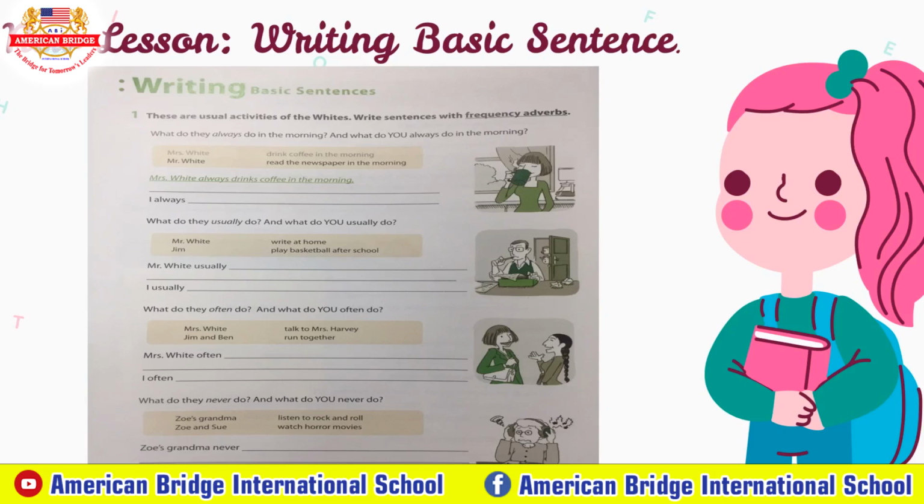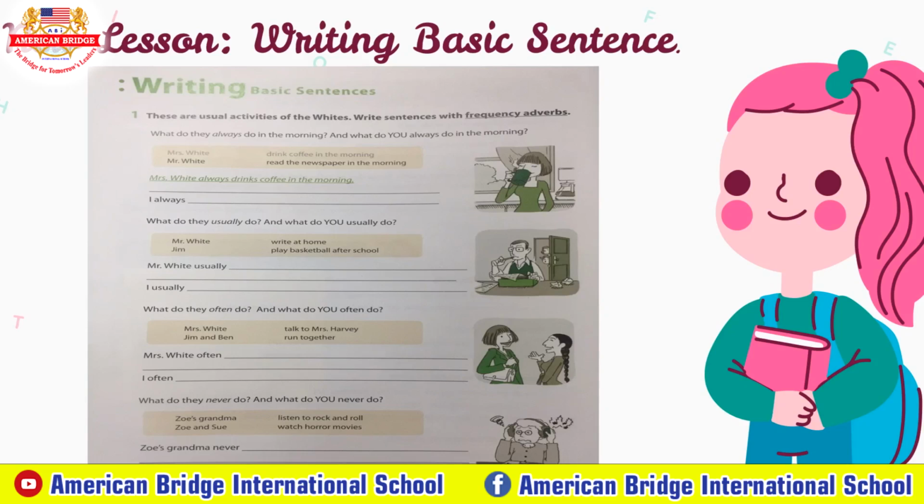Now for our third sentence, you need to answer this one by yourself. What do you always do in the morning? You need to answer this one like I always. Then you have to complete this sentence.